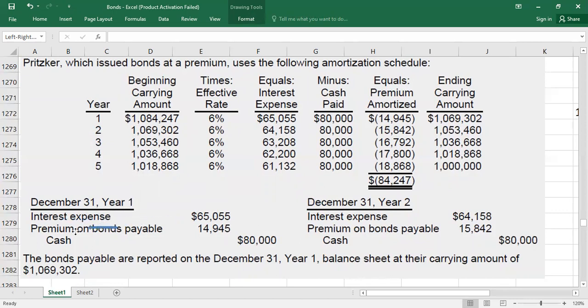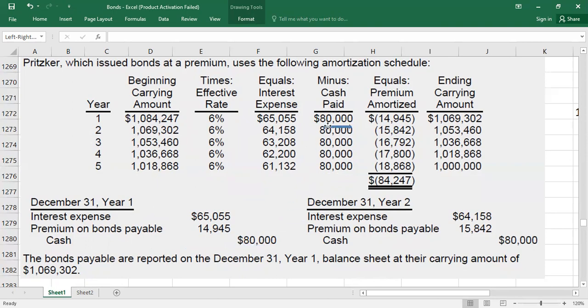Then you also debit the premium on bonds payable with the amortization amount, because normally premium is a credit. If you want to amortize, it should be a debit every year. The amount of premium amortization in the first year is 14,945. Then credit will go to cash with the actual interest payment which you have paid, which is 80,000.